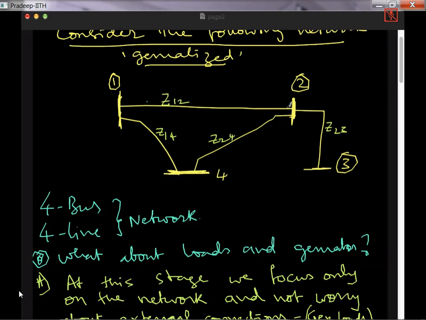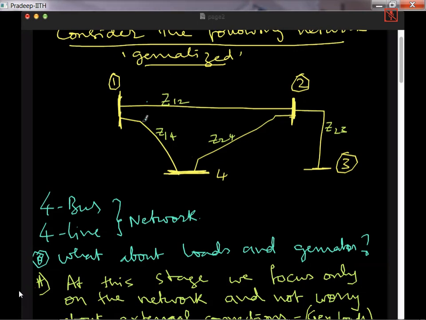You know the actual impedance of this line, then you know the rated voltage level of this line, that will become the base voltage, and then the base MVA will be like 100 MVA or something like that, you can choose, and based on that you can determine the per unit impedance of the line. This per unit impedance will have resistance and reactance both. So these parameters are given.